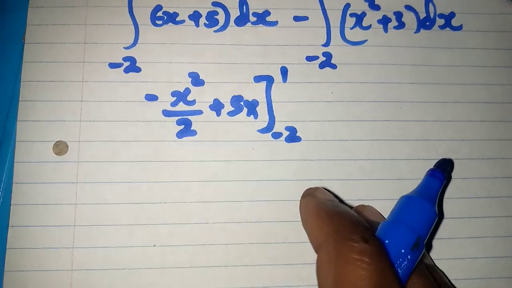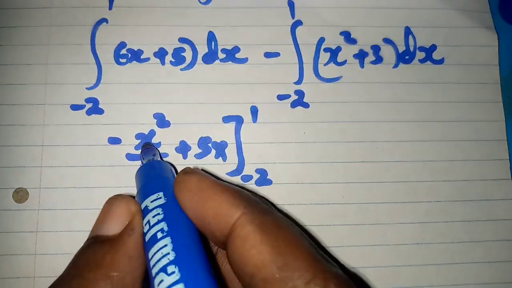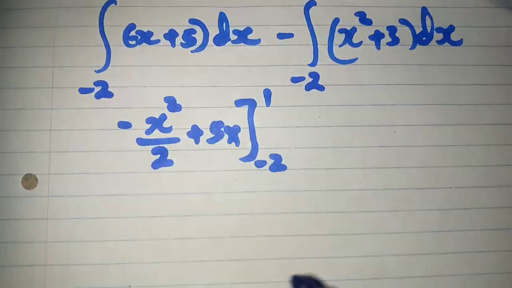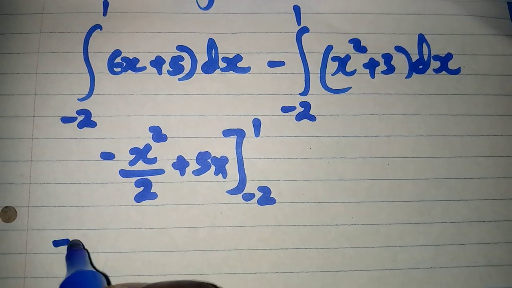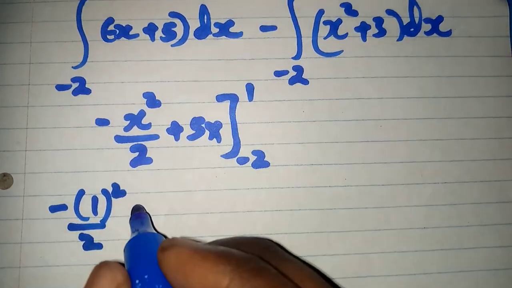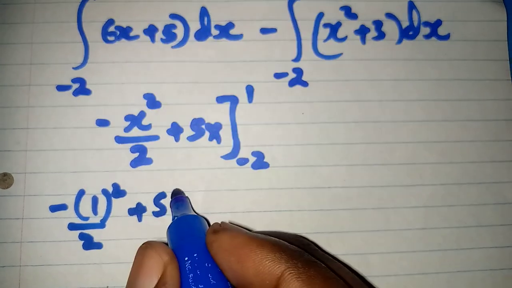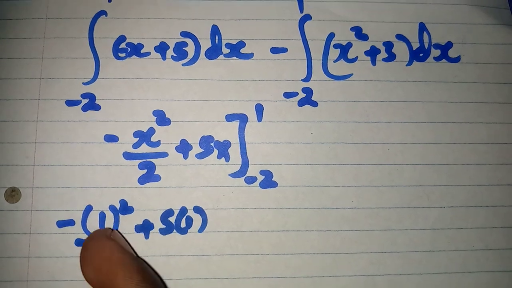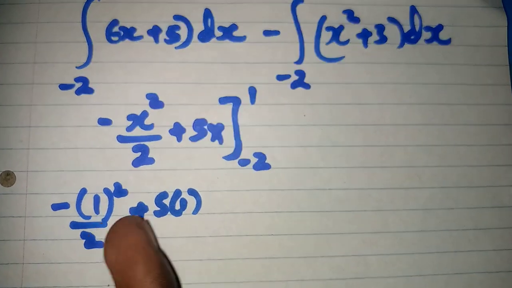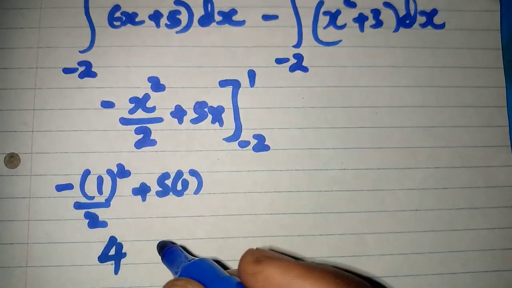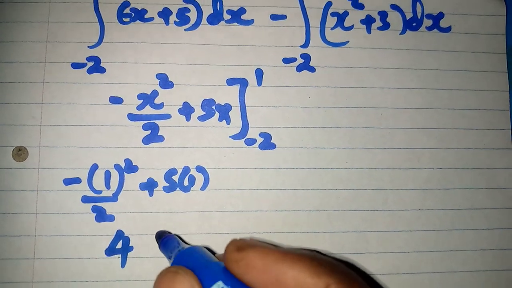If I substitute 1 in this function, I have negative 1 squared over 2 plus 5 times 1. This is negative a half plus 5, which gives me 4 and a half.